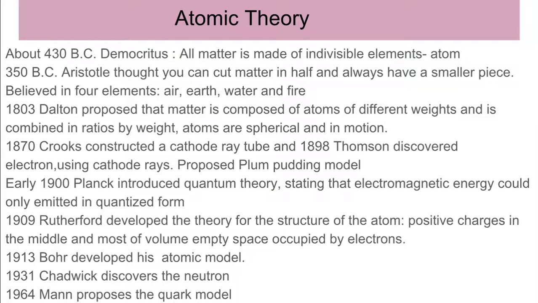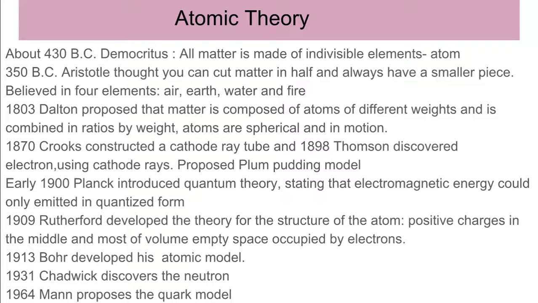In 1913, Bohr developed his atomic model, and this is the one that we use today, where he developed the Rutherford model further. He said these electrons move around the protons in different energy levels, different orbits. In 1931, Chadwick discovered the neutron by hitting metals with a radioactive material.